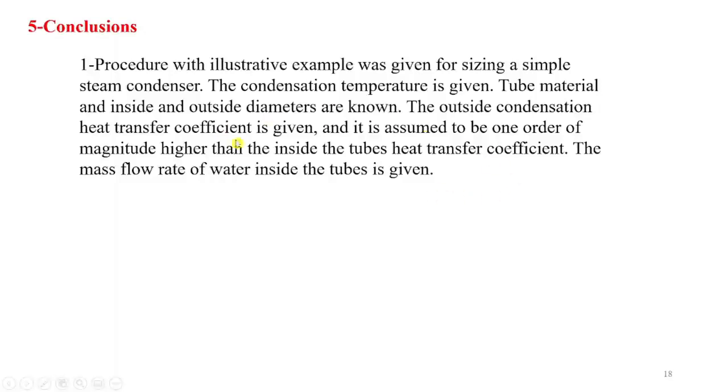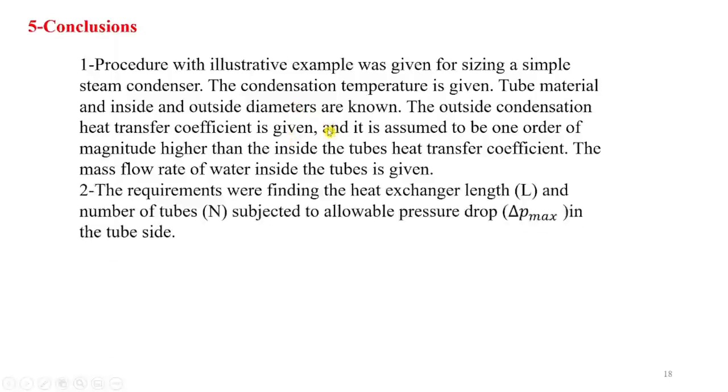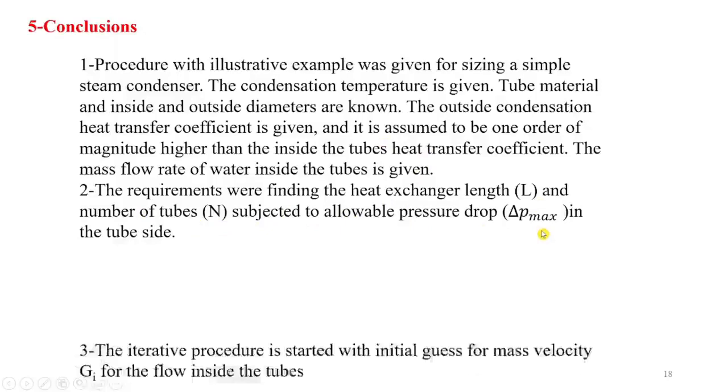All the input data is given, including the temperature of condensation, the inlet and outlet temperatures of water, the heat transfer coefficient for the condensing side, in addition to the flow rate. It is required to find the length of the heat exchanger and the number of tubes required, subject to the delta P maximum, which is for our problem 20,000 pascals.